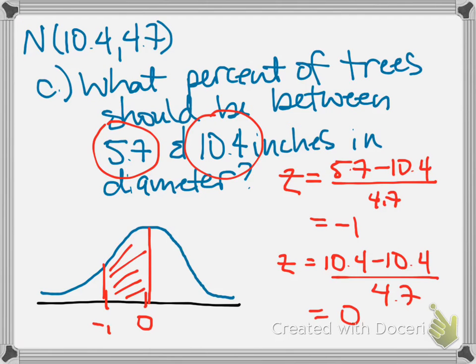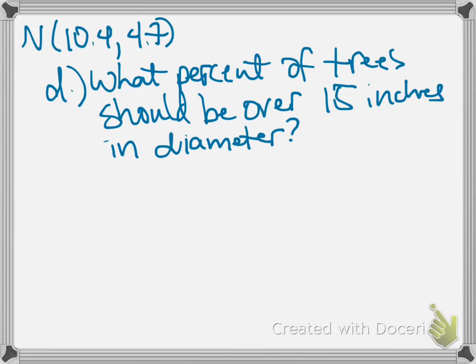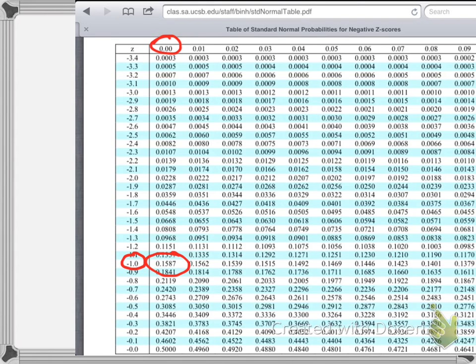That means that in our model, 15.87% of our data would be to the left of negative 1. Now we need to go back to our table and look up our proportion for a z-score of 0.